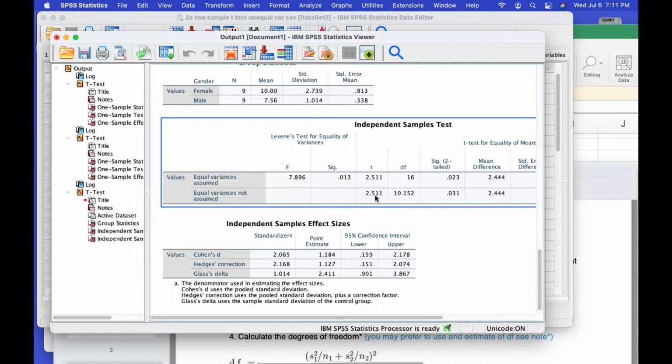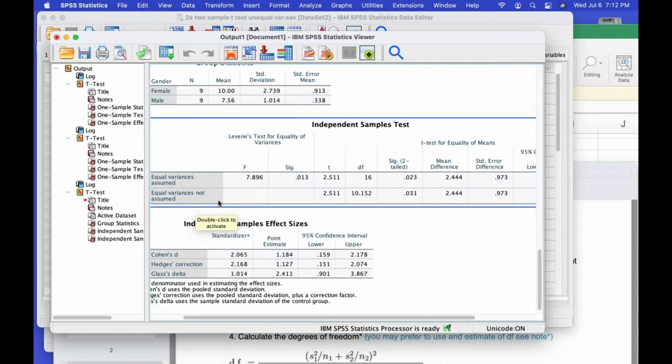Sometimes it'll be a little bit different. They're almost always going to be very close, but not always exactly the same. So if I look here, this top row is the calculations if you assume equal variances. The bottom row is if variances are not assumed to be equal, right? So it actually did this test twice.